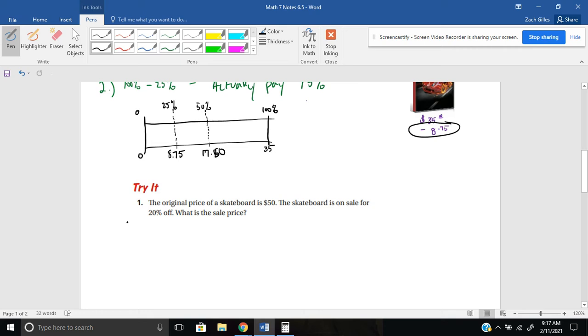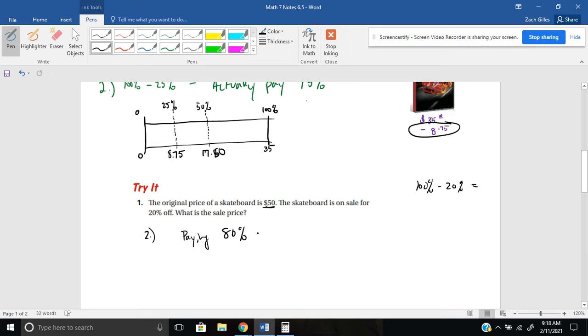Okay, it says the original price of a skateboard is $50. That's the original. The skateboard is on sale for 20% off. What's the sale price? I'm going to use method 2 here. I'm going to say that if I know it's 20% off, I'm actually paying for 80% of it, because 100% minus 20% off gives me 80%.